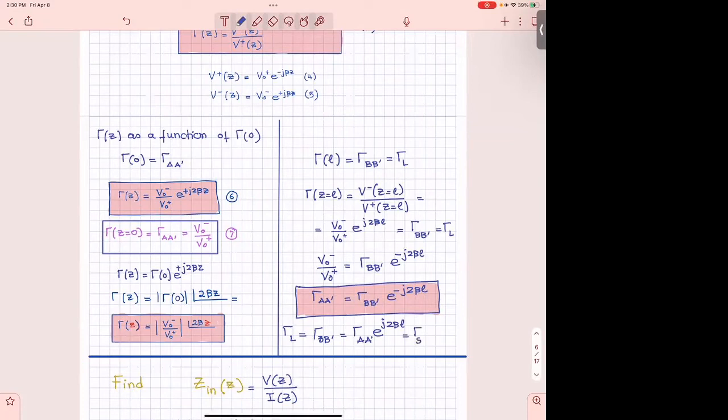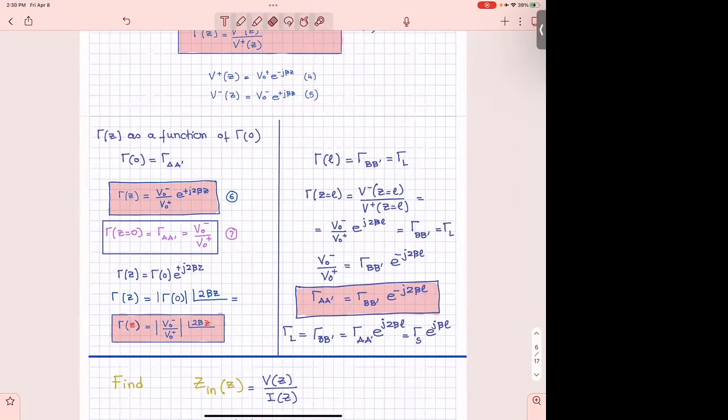Sometimes you will see it like that, e to the j beta L. And these expressions, you're going to see them when you go to more active circuits, and then you remember source, you remember load, for example. But this is, in fact, the same equations back and forth. That's all that you do. All right. So you remember that. Remember always that as you move on the line, the only thing that changes in the reflection coefficient is the phase, not the amplitude. Okay.